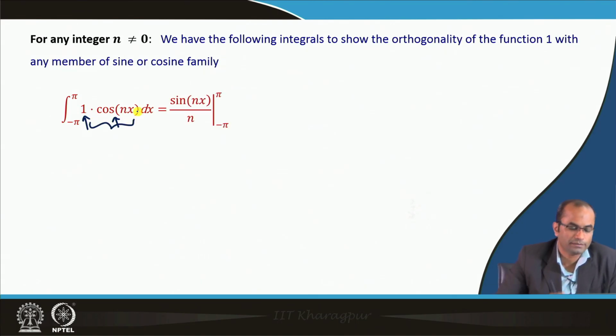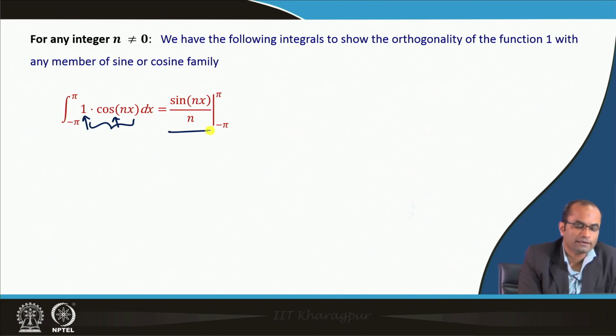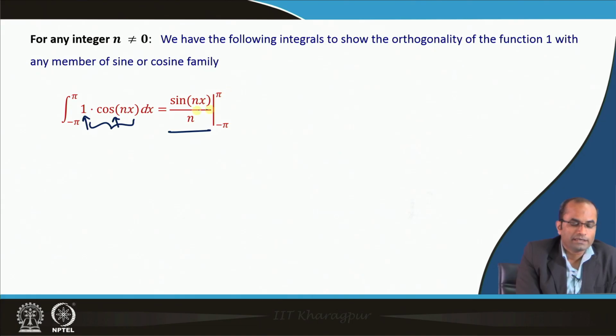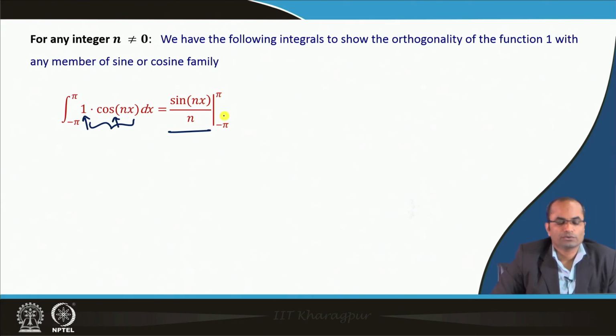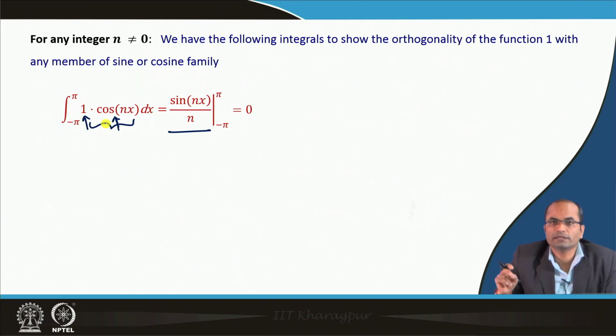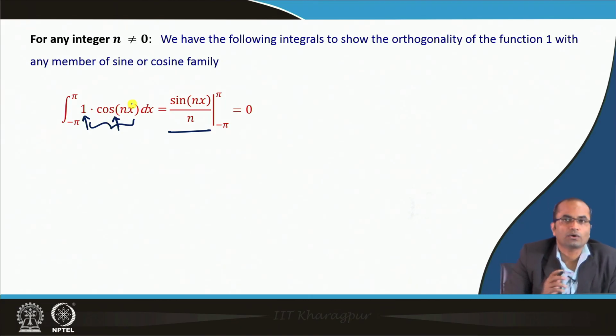So, the integral will be sin n x over n from minus pi to pi. Sin n pi is 0, sin minus n pi is also 0. So, the result of this is 0. Here we have seen that with 1, if we take any member of the cosine family, that means cos x, cos 2 x, cos 3 x, cos 5 x etc., these two are orthogonal.